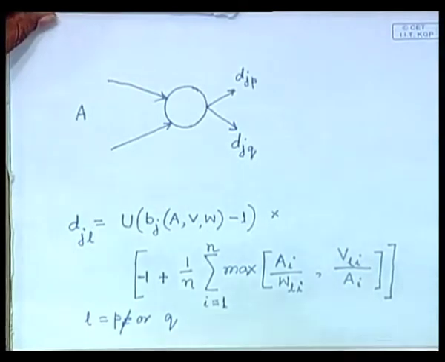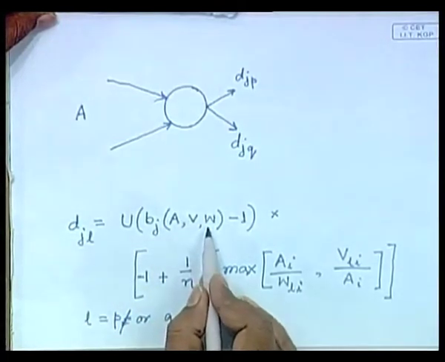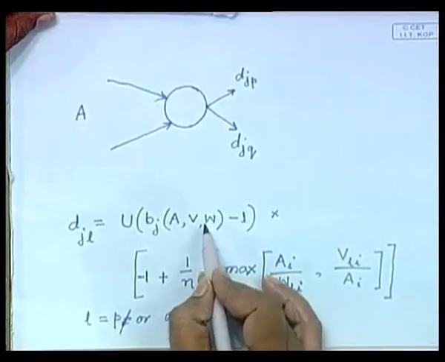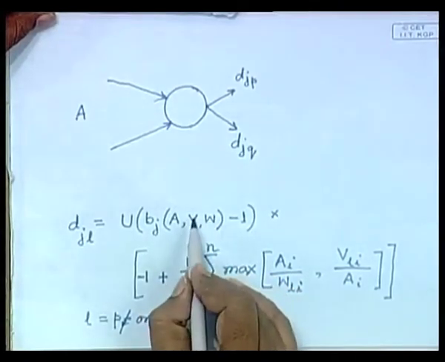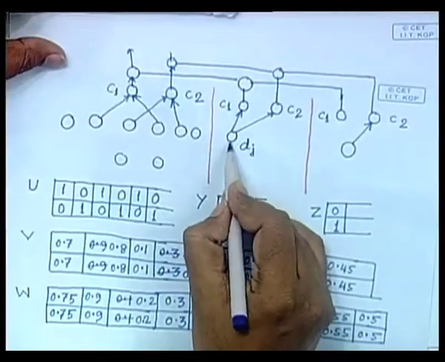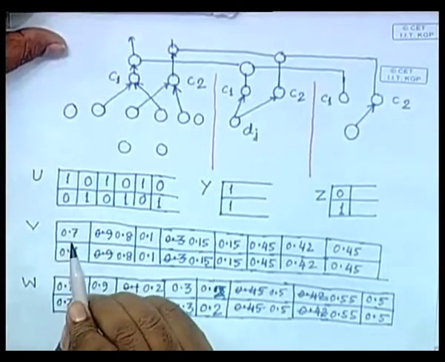So, what does this expression give you? In b j (A, V, W), this V and W are the min points and max points of this neuron, that is the compensation neuron.